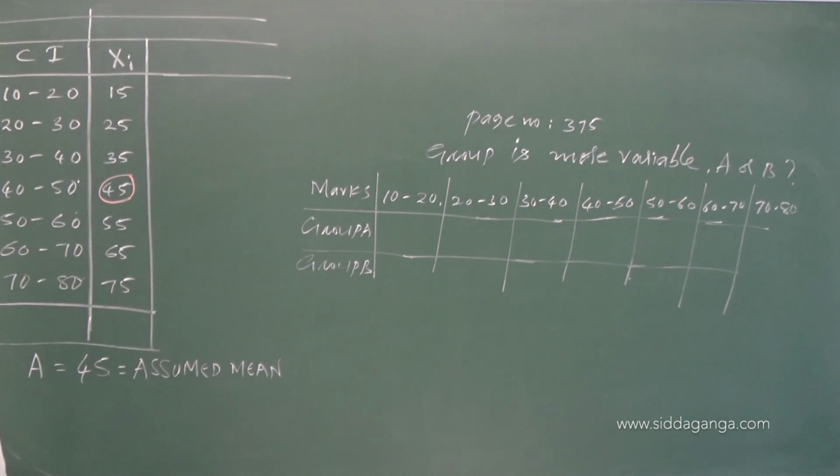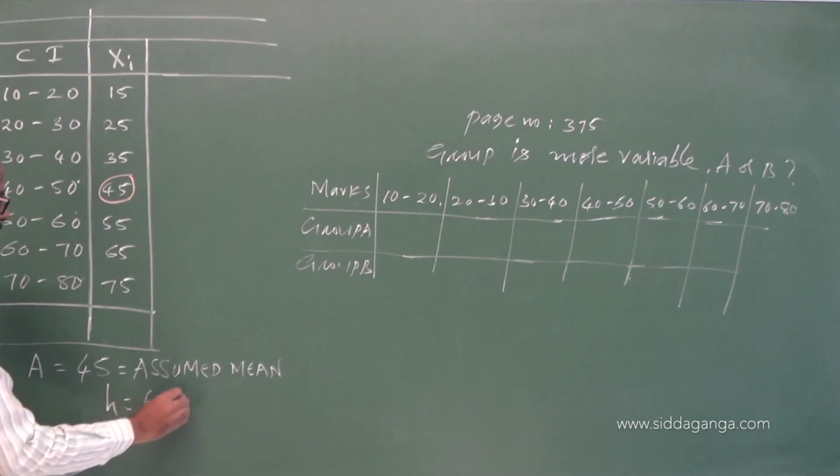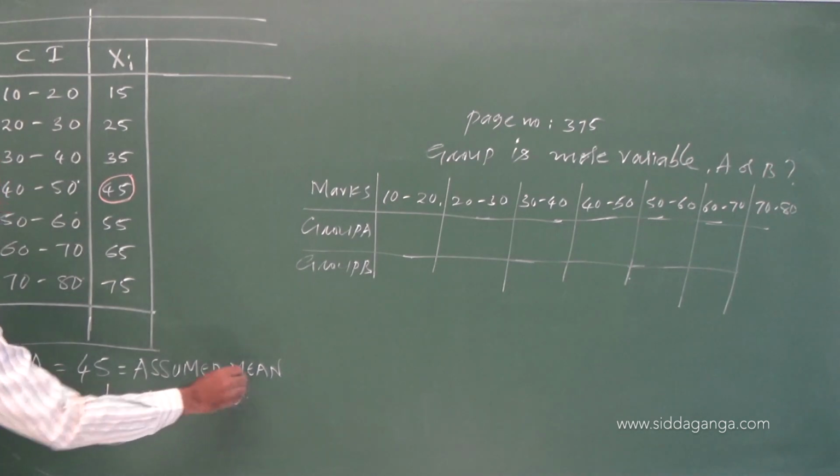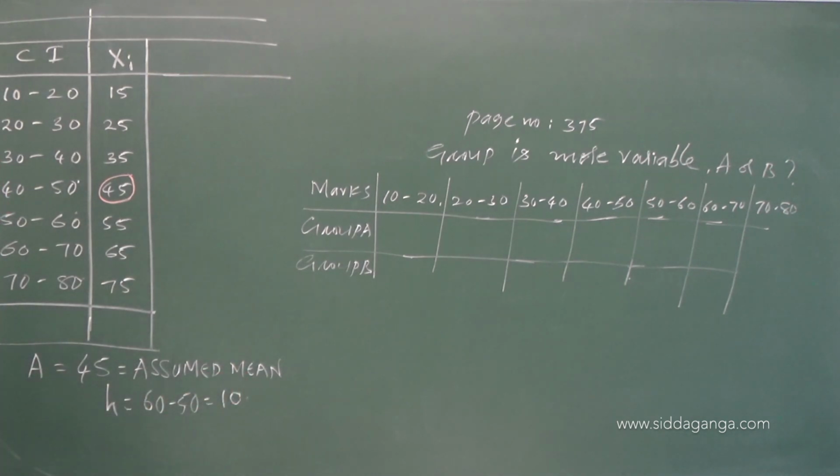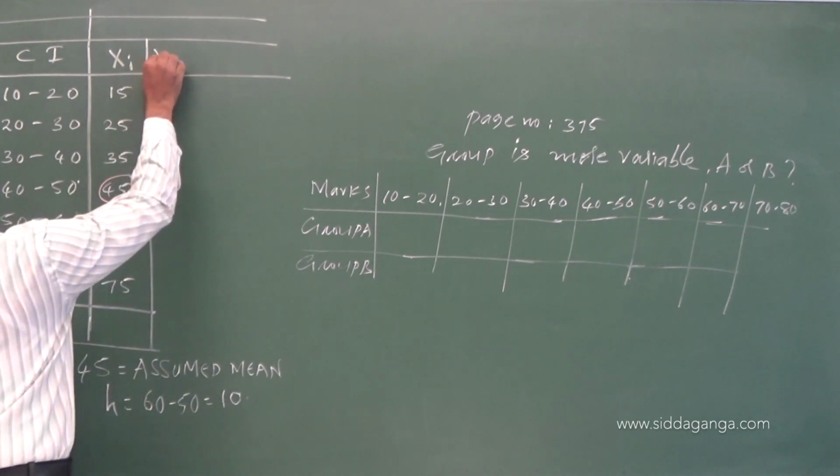After finding xi, look at h. H is the difference in the class interval, that is 60 minus 50, you will get 10, the difference in the class interval. This is h. We will find yi.